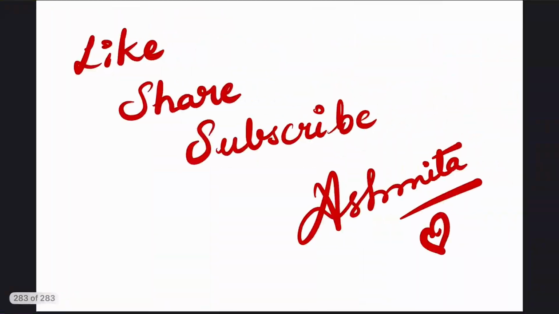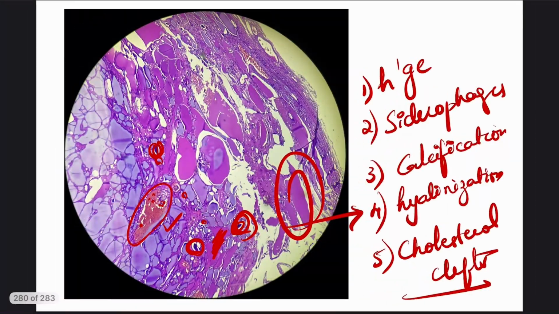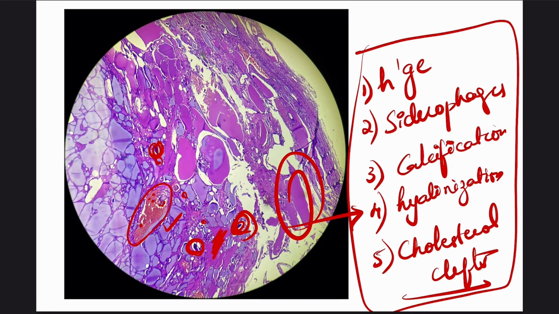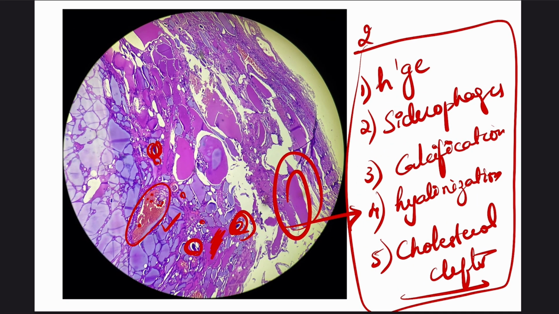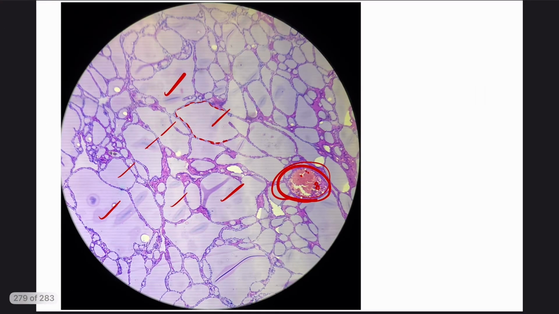These five are the signs of secondary degenerative changes. Secondary degenerative changes along with excess accumulation of colloid in these follicles all point towards the diagnosis of colloid goiter.